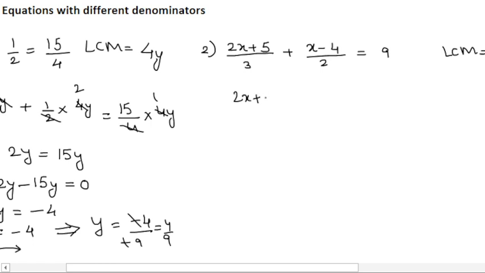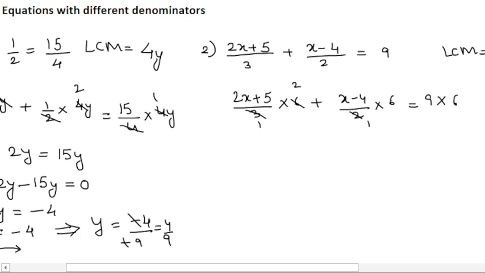(2x plus 5) upon 3 times 6 plus (x minus 4) by 2 times 6 is equal to 9 times 6. So every single term is multiplied by 6. And after that, we need to cancel out this denominator and this number here. 3 times 2 is 6.